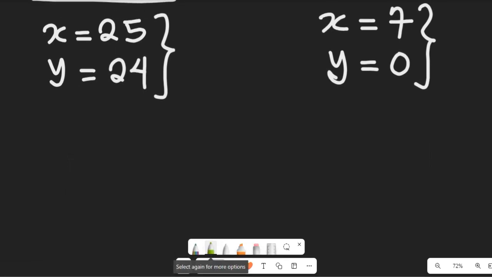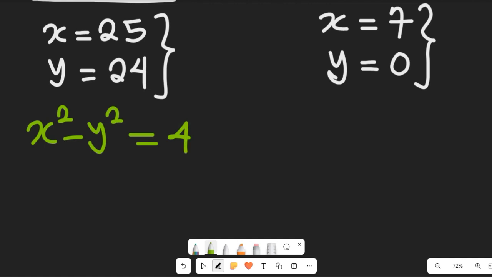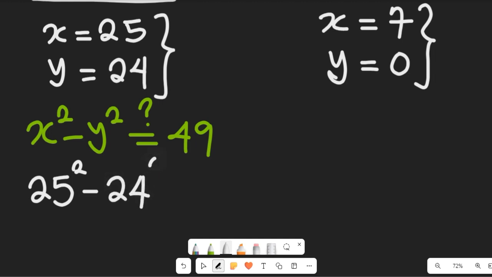If we check this, we are given x squared minus y squared, and we are told that it should be equal to 49. Now if we simplify this, what do we have? Inserting the value of our x, which is 25 squared, minus 24 squared. Will it give us 49?